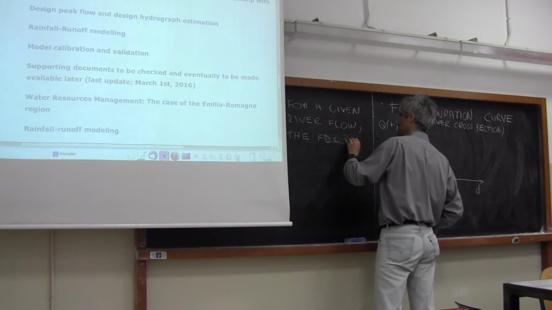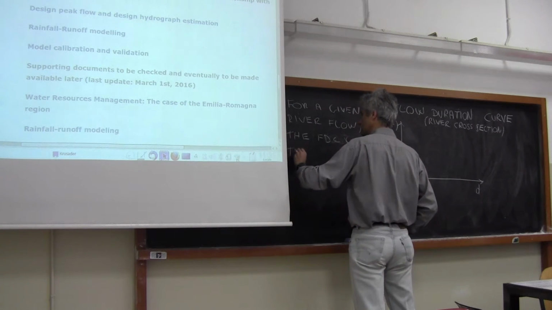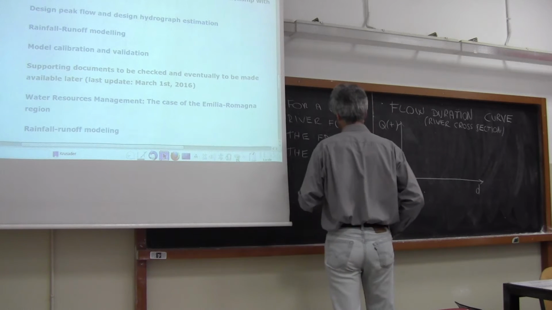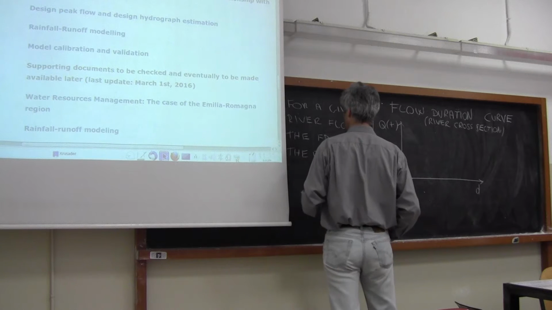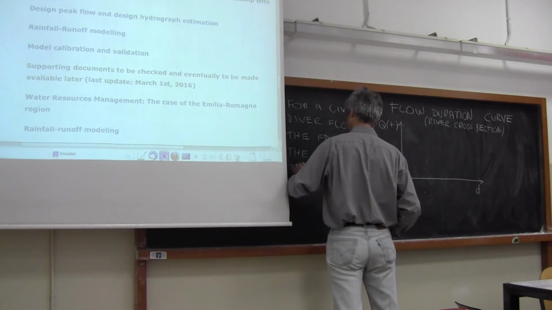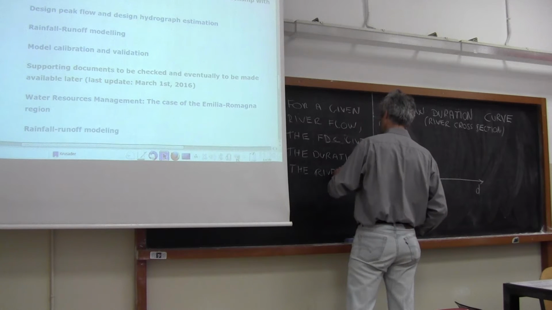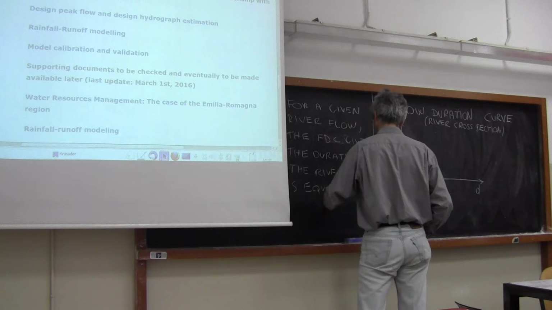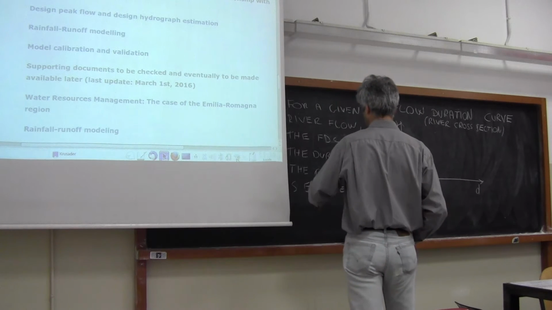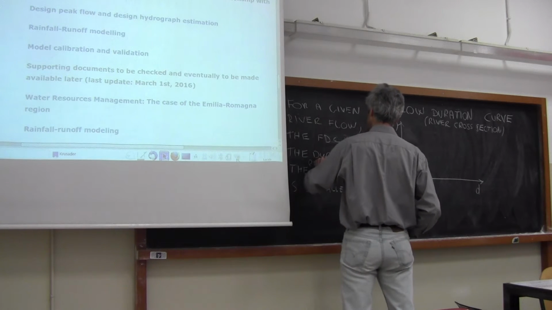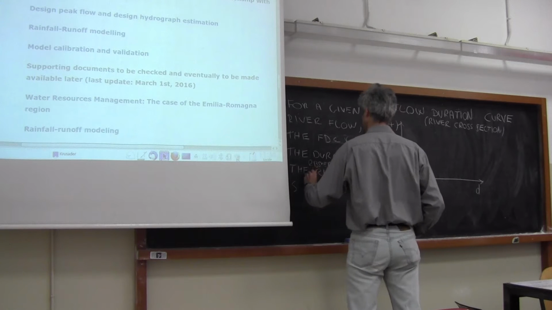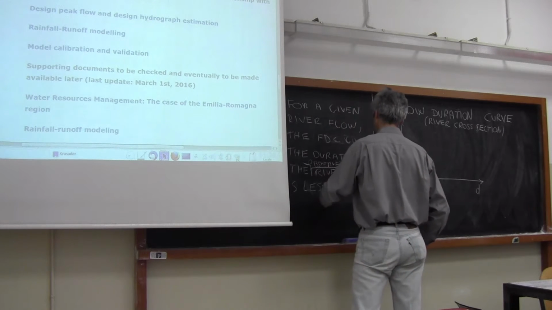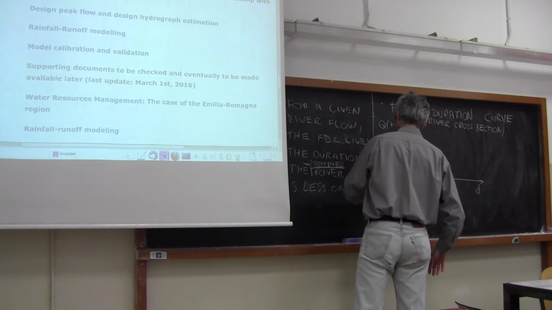The FDC gives the duration the river flow is equal, let me put here, the observed river flow is less or equal to the given value.